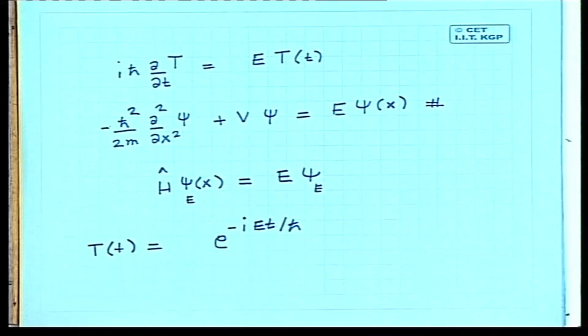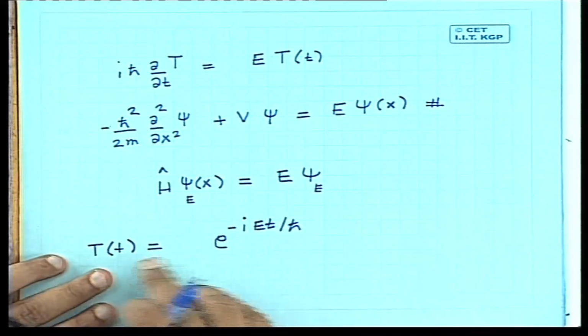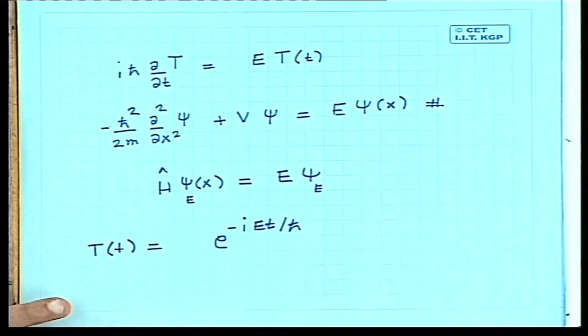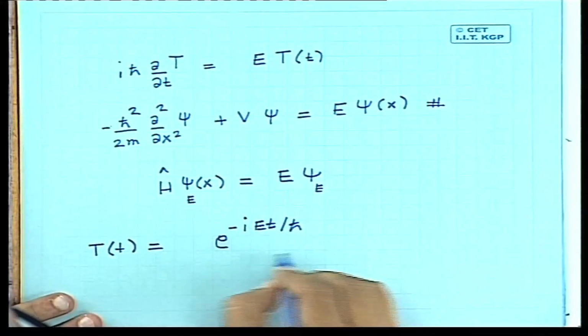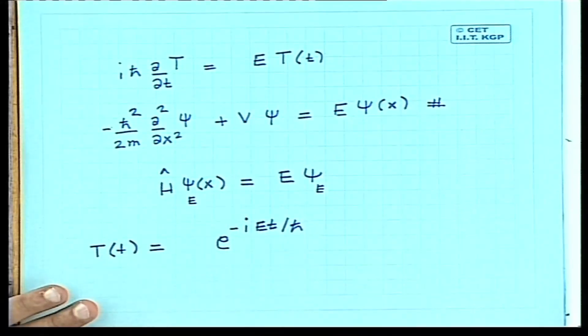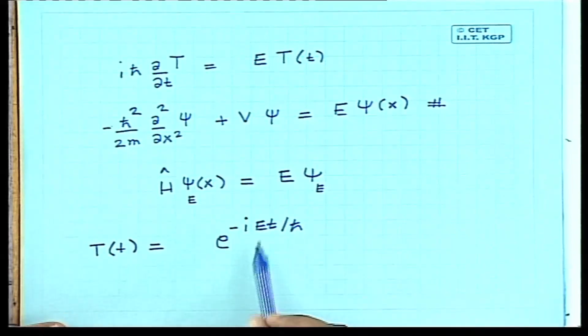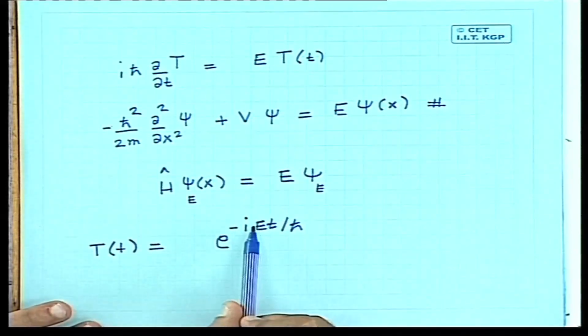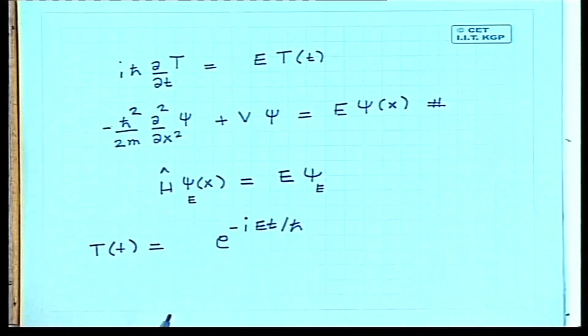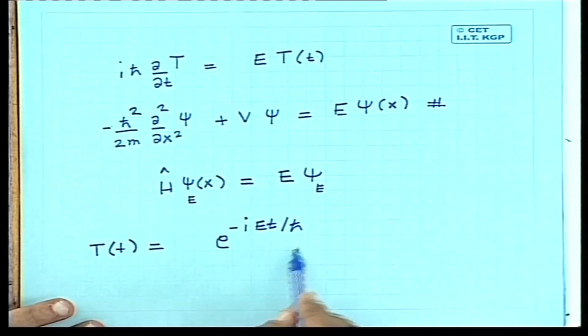So for a free particle, we found that the time evolution for a particle with energy E was described by an exponential which keeps on oscillating with frequency omega, which is E by h cross. So the time evolution is this.